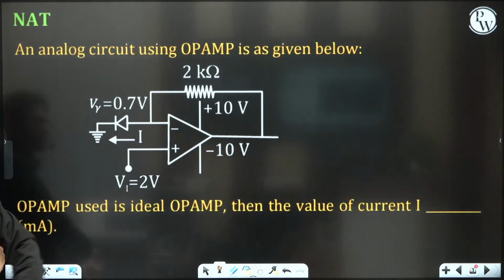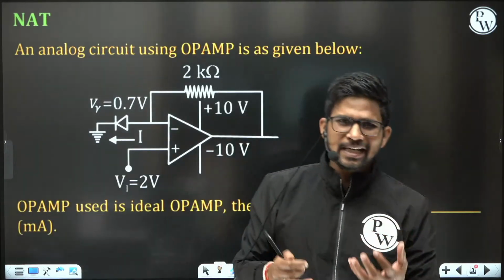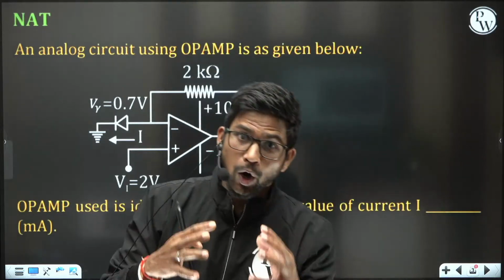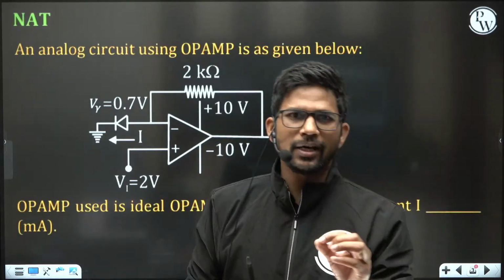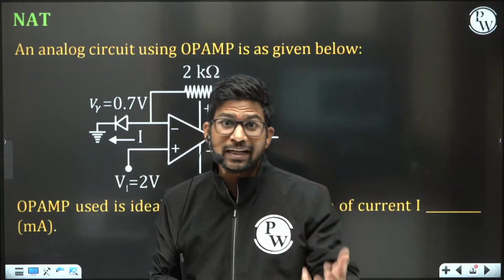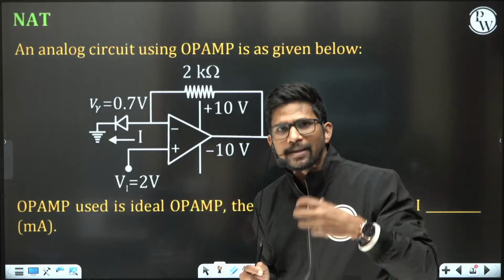Okay. So let me try to solve. Whenever any BJT or any diode or any MOSFET is connected along with an op-amp, then first we check whether that BJT, MOSFET or diode is in on condition or off condition by open circuit test.